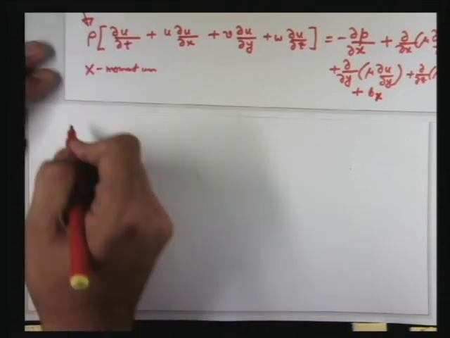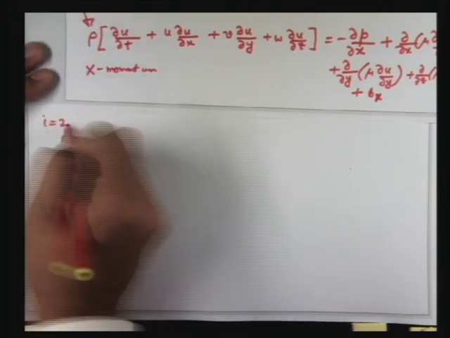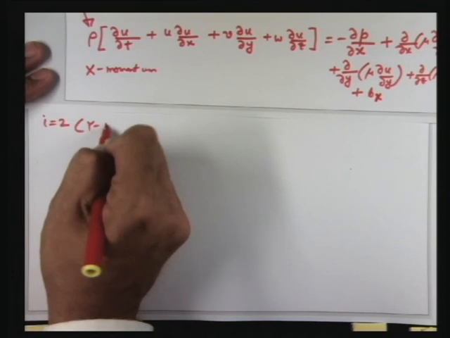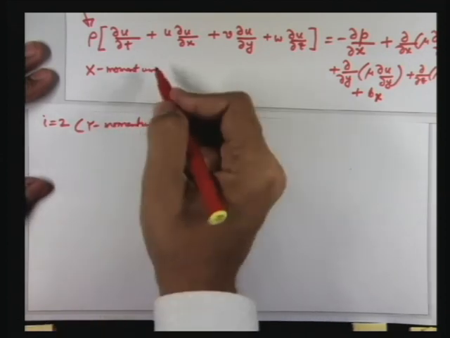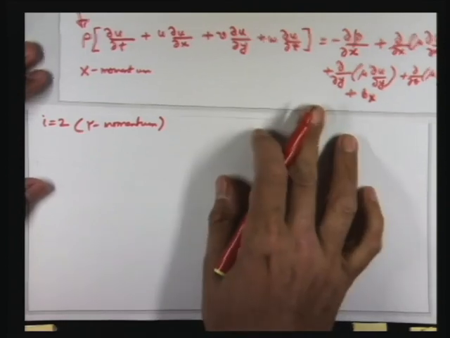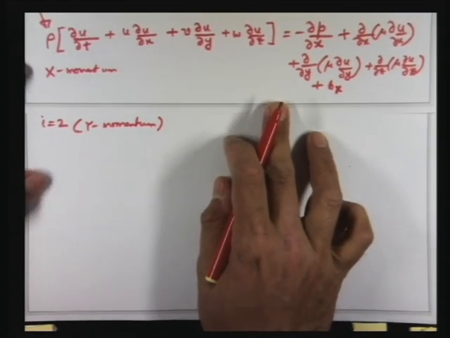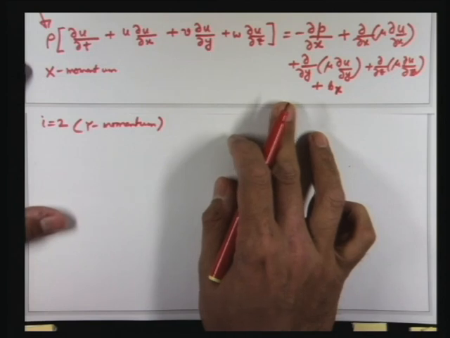So i equal to 2, y momentum. Similar thing as the previous equation, only difference is instead of u it will be v.